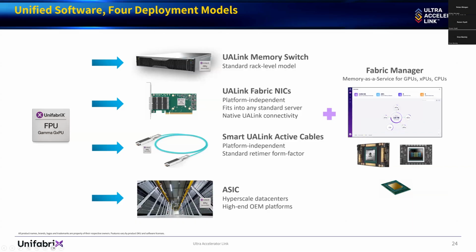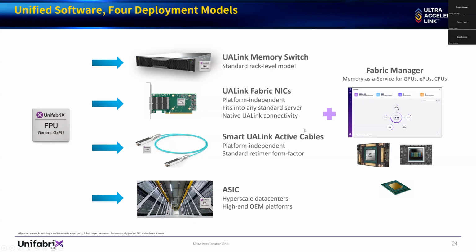The silicon that we produce, the FPU, when placed on a PCB card that looks like a NIC, fits into any standard server, and it actually makes the server an active participant in a UALink fabric, meaning the memory of the server is accessible to accelerators. And this memory becomes part of the UALink domain natively.